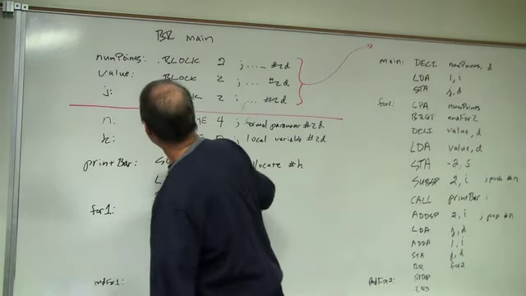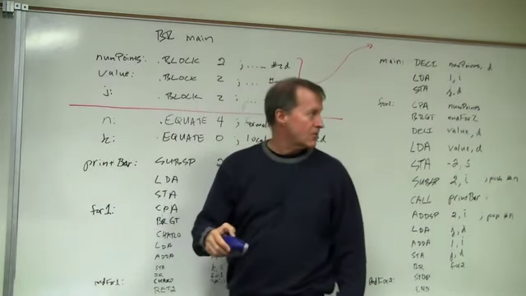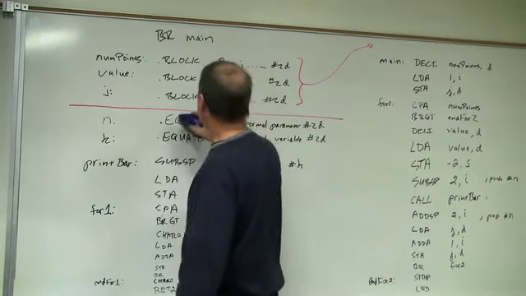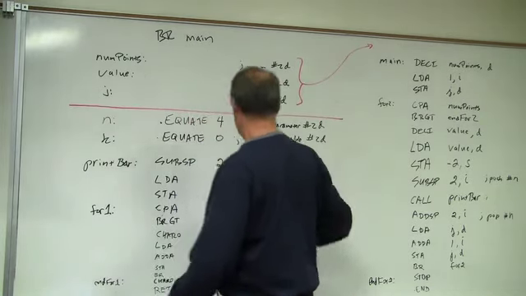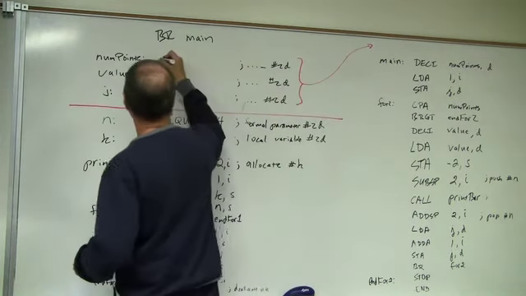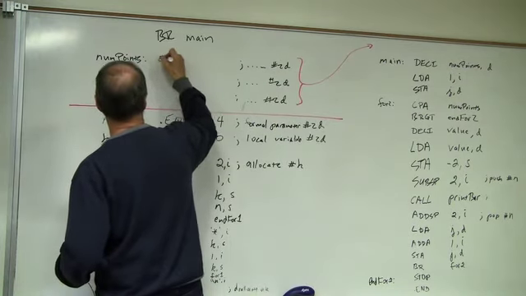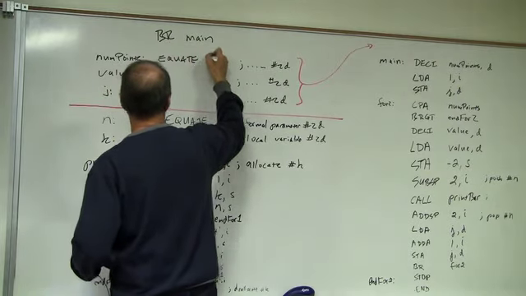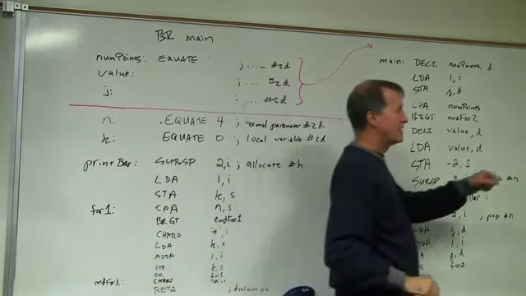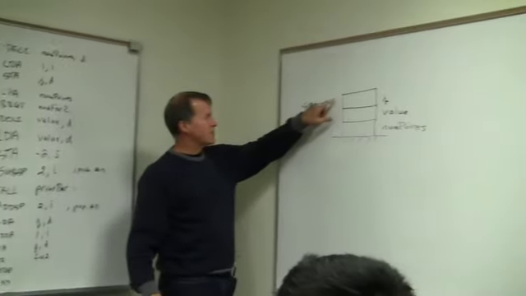So instead of num points being dot block 2, this will be dot equate. Now, what's the address of J?